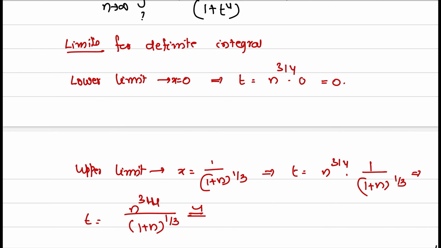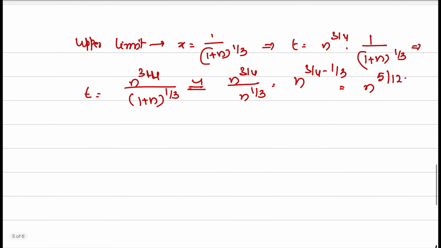That is approximately equal to, if I remove the 1, n to the power of 3 by 4 divided by n to the power of 1 by 3, that is equal to n to the power of 3 by 4 minus 1 by 3, that is equal to n to the power of 5 by 12. Please understand this process for finding the upper limit.